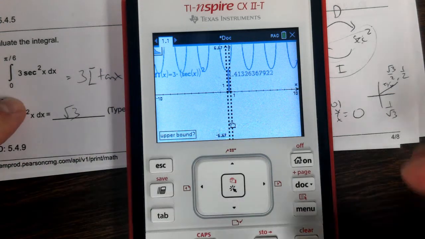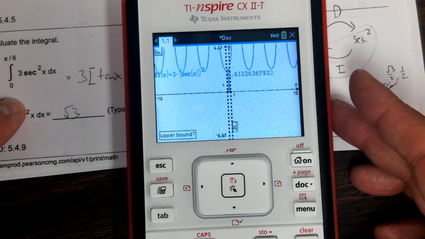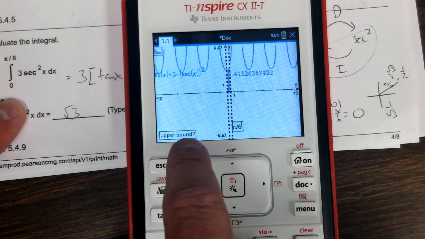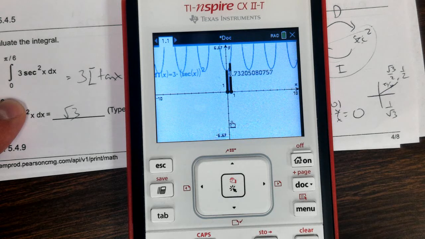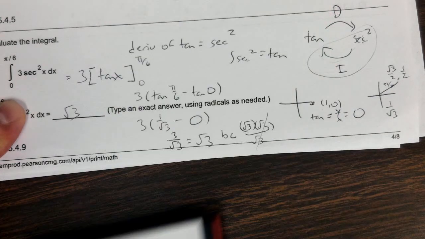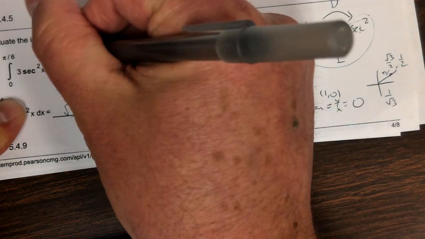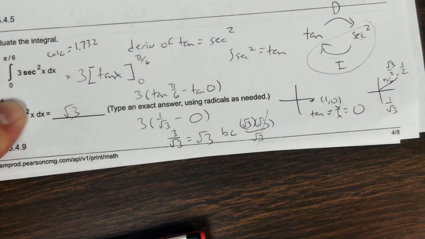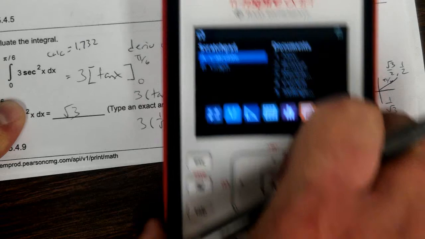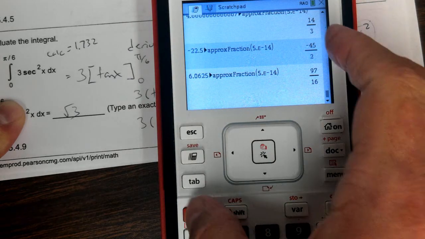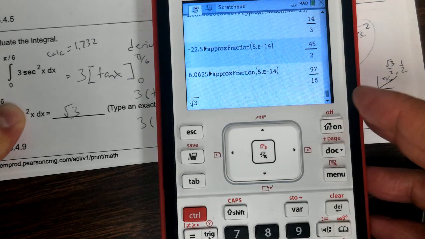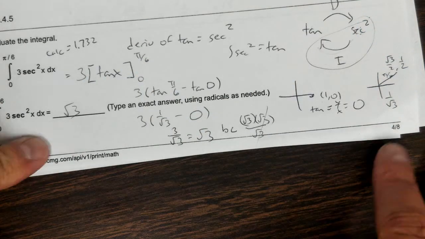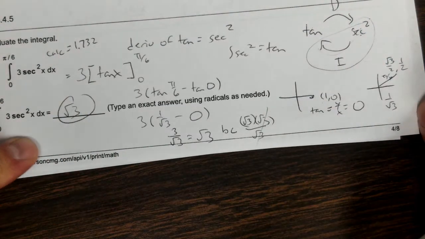The upper bound, I'm going to put pi over 6. I know one time it gave me lower for both, which didn't make sense. Okay, so what I recognize is if I do this on the calculator, I get 1.732, and so forth. And so remember, if we go square root of 3, control enter, there's your 1.732. So that's how you can tell you have the right answer.